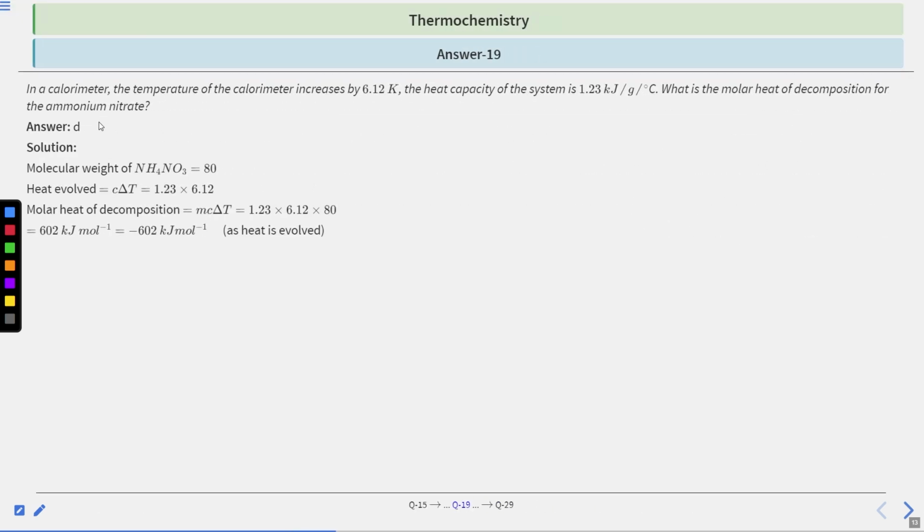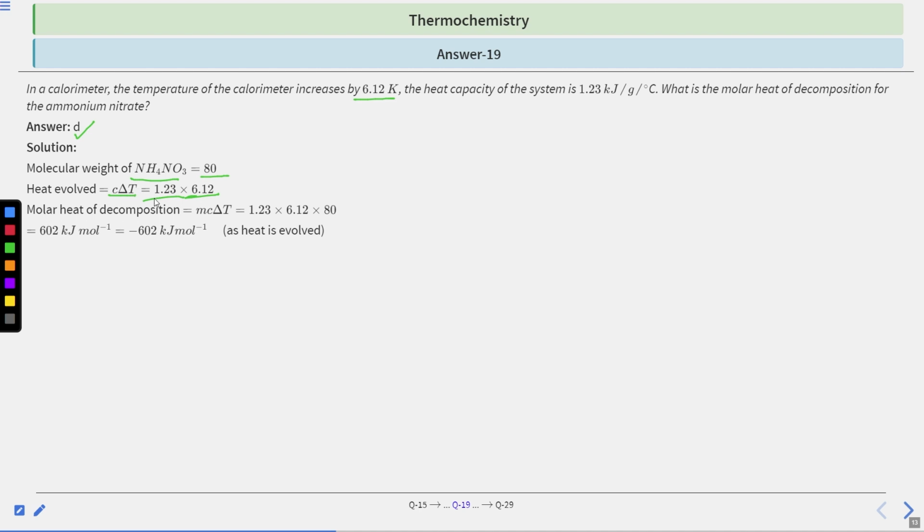Okay, so the correct answer is option D. The molecular weight of NH4NO3 is 80 and the heat evolved is C del T. We can use the formula. C is 1.23 given and del T is 6.12, and as it is given that the temperature of the calorimeter increases by 6.12, 6.12 is the factor.